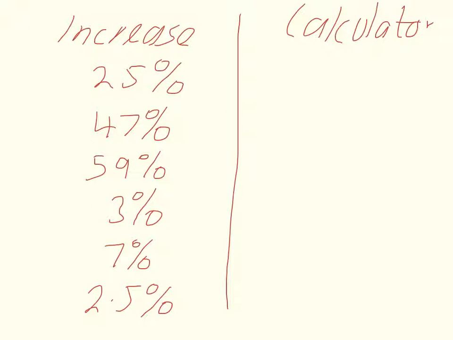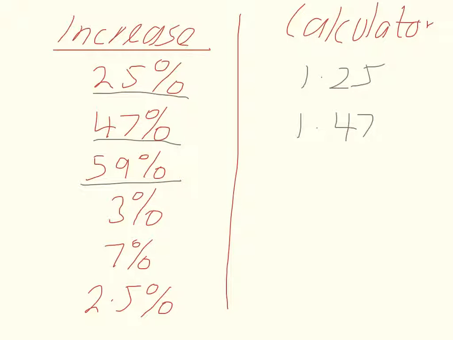I like this calculator method. So let's have a look. If we want to increase by 25%, then you multiply by 1.25. If you want to increase by 47%, then you multiply by 1.47. If you want to increase by 59%, then you multiply by 1.59.